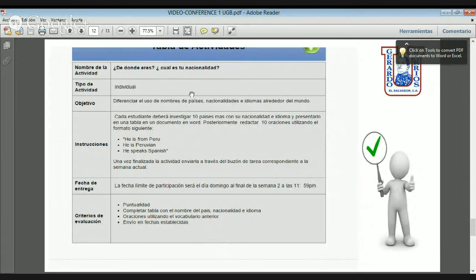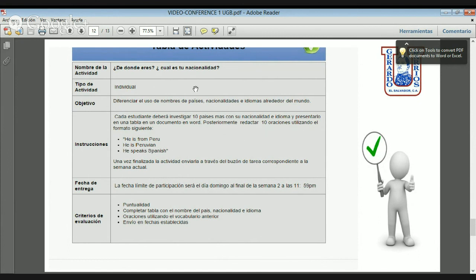Cualquier actividad que se vaya habilitando en la plataforma debe ser enviada al recurso que se ha habilitado para enviar la actividad. Si la actividad dice que debe ser enviada al recurso, no la estén enviando al foro de consultas, por ejemplo, porque ahí no se les puede calificar.